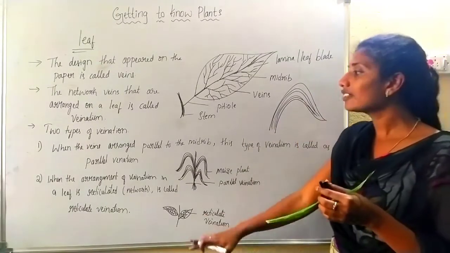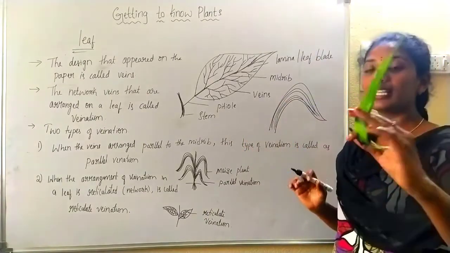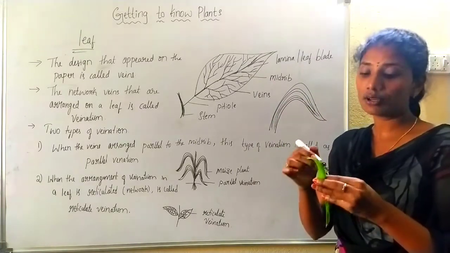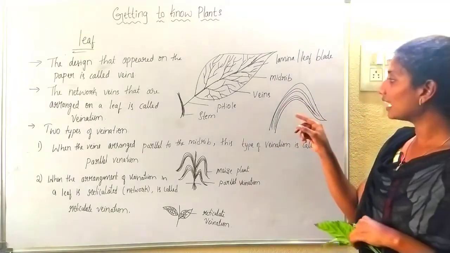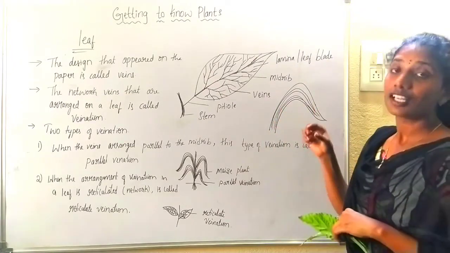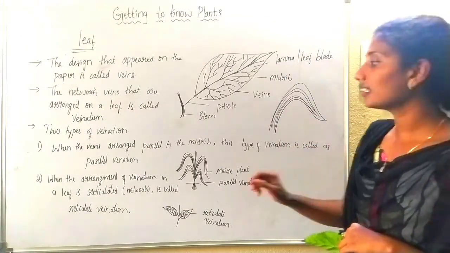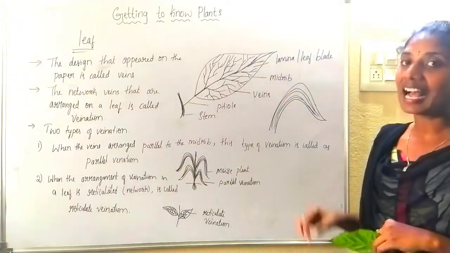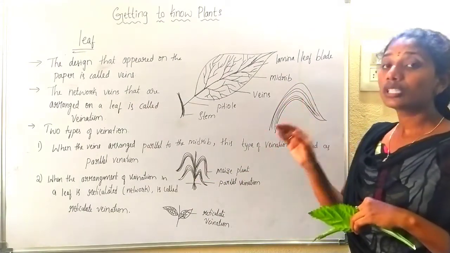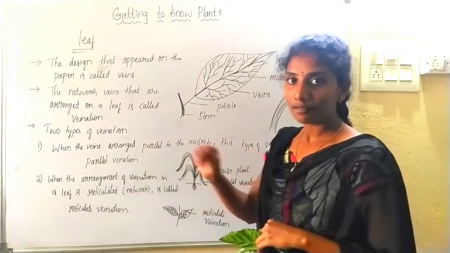That means the veins in this type of leaf are arranged parallel to each other. Such type of venation we call parallel venation, as the veins are parallel with each vein. This type of arrangement of venation in the leaf we call parallel venation.